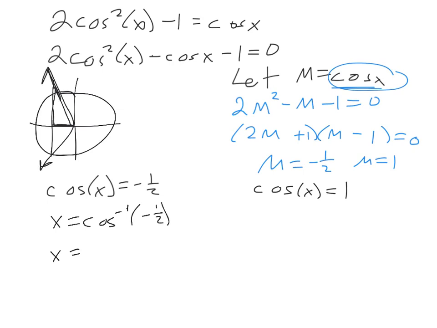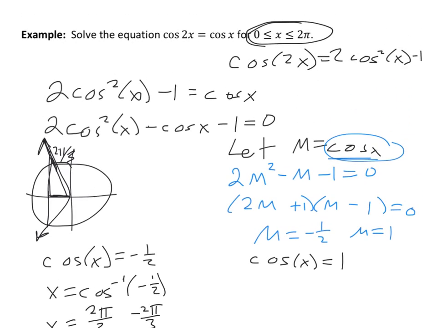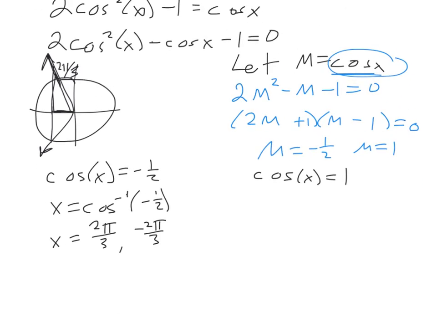So this one up here is 2 pi over 3. Great, we found that one of our x values is 2 pi over 3, and our other one would be negative 2 pi over 3. But we don't actually want that one because, if my memory serves me, we were going between 0 and 2 pi here. So I would take this other answer and add 2 pi to it to get it into the right space for me. So this one gets me 2 pi over 3, and 4 pi over 3.